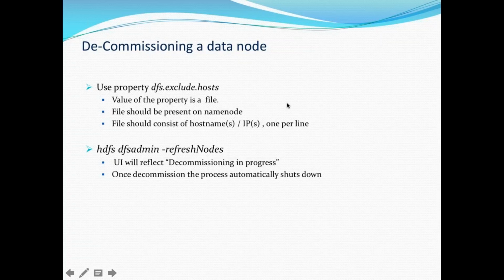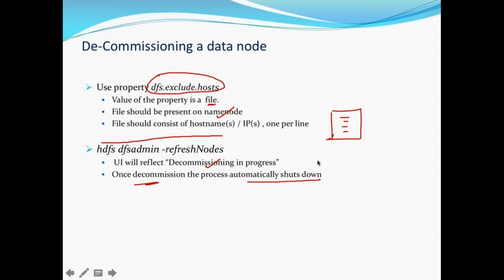In Apache Hadoop, you use this property dfs.hosts.exclude, and the value of this property is a file, which should be present on the name node, and it will consist of the machines which you want to exclude. And then you run this command hdfs dfsadmin -refreshNodes, and you will see that decommissioning will start in progress. Once decommissioned, the process automatically shuts down.